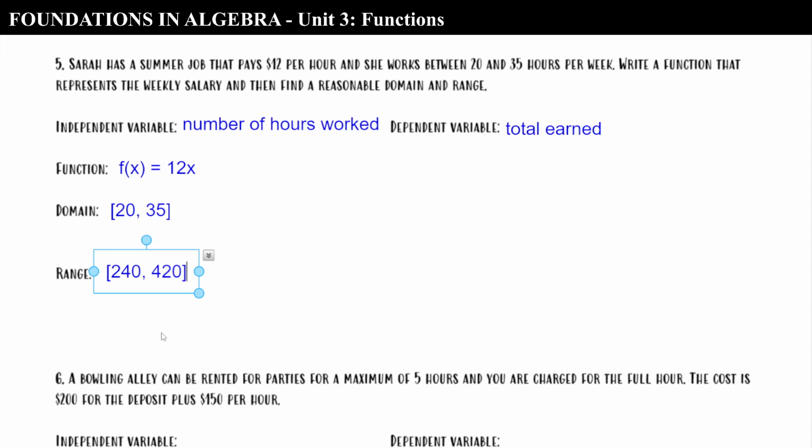So she can make $300, she can make $400, she can make $350, she could even make $363.24, depending on the number of hours she works, and if she has fractions of an hour in there. Okay? So that's how this one is different. This is a continuous function, not a discrete function like the other examples have been.